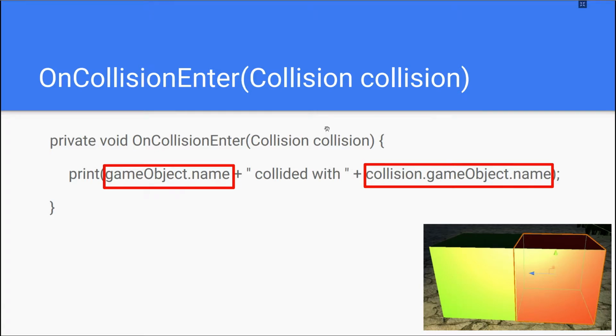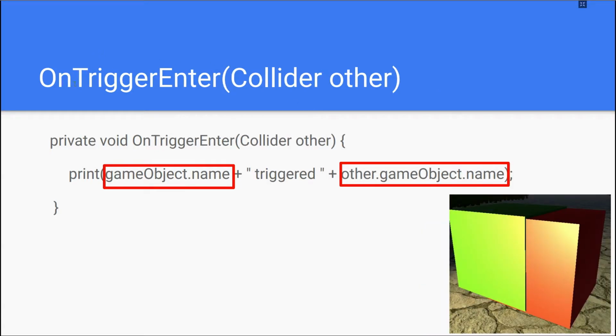If you have is trigger checked, you are going to use this method, OnTriggerEnter. This means when an object enters the object this script is attached to, Unity is going to call this method.